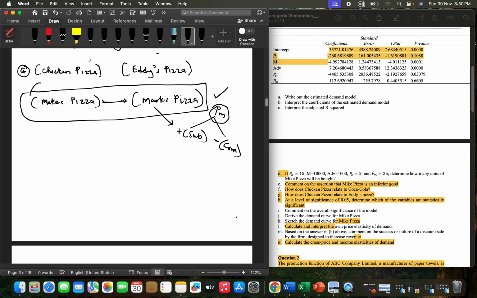The question asks how chicken pizza relates to this pizza, but there was nothing like that in the question, so I've corrected it. So the relationship that exists between Mike's Pizza and Max Pizza is a substitute good. So the answer is a substitute good.